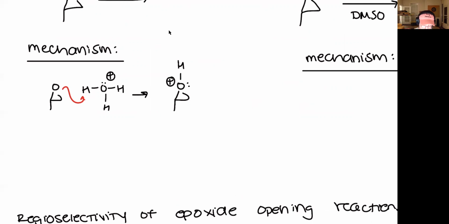Because it has a positive charge, it's going to pull electrons more than it normally does to try to regain neutrality. That will make these ligated carbons more electron deficient, and that is what makes the epoxide now more electrophilic.